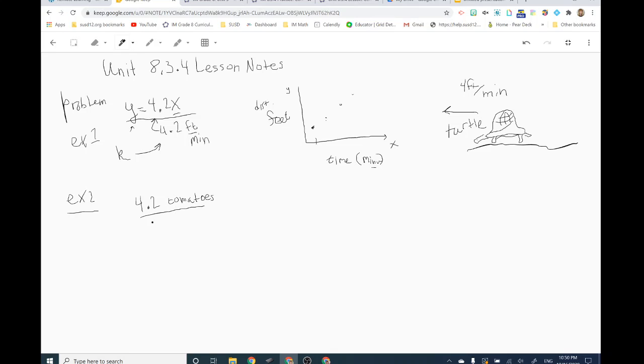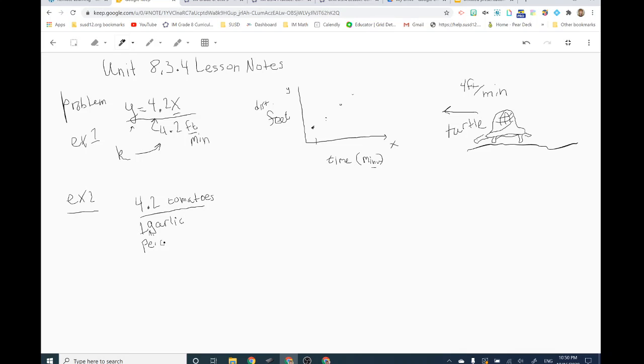Oh, I have an idea. Oh my gosh, I'm really good at this. 4.2 tomatoes for every piece of garlic. Because garlic is very spicy. Very, very strong flavor. So a tomato sauce. Maybe this is a spaghetti sauce. And it uses 4.2 tomatoes for every one piece of garlic.